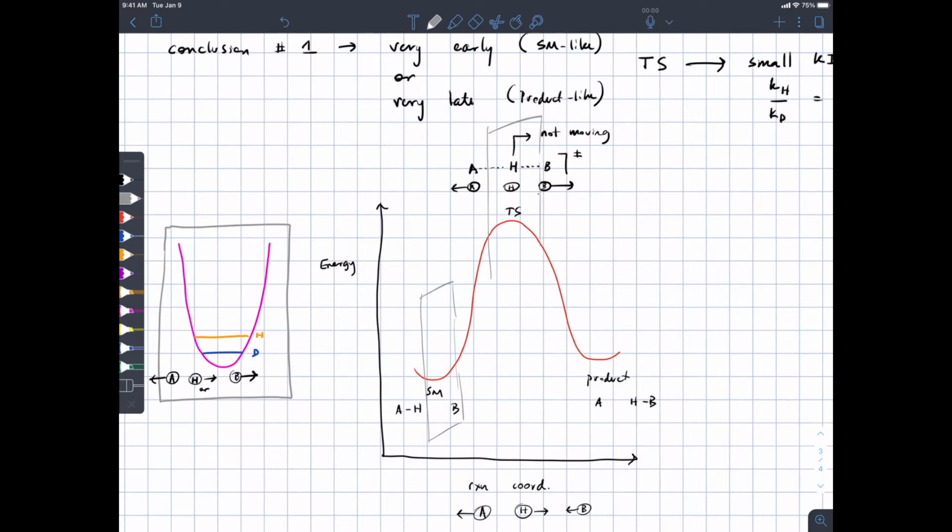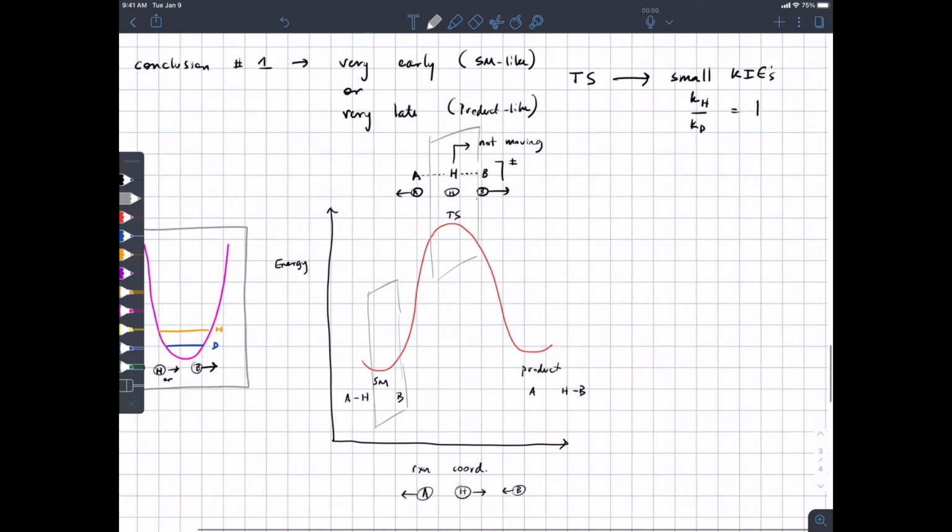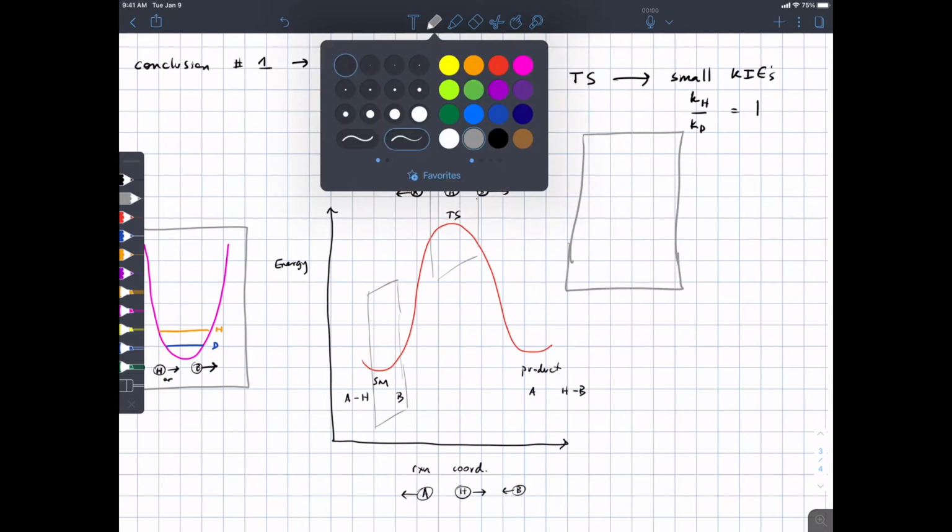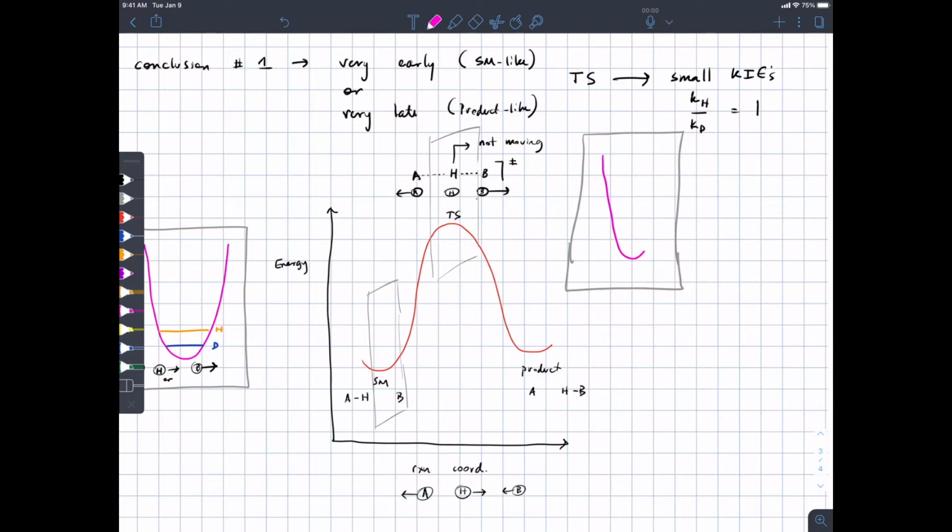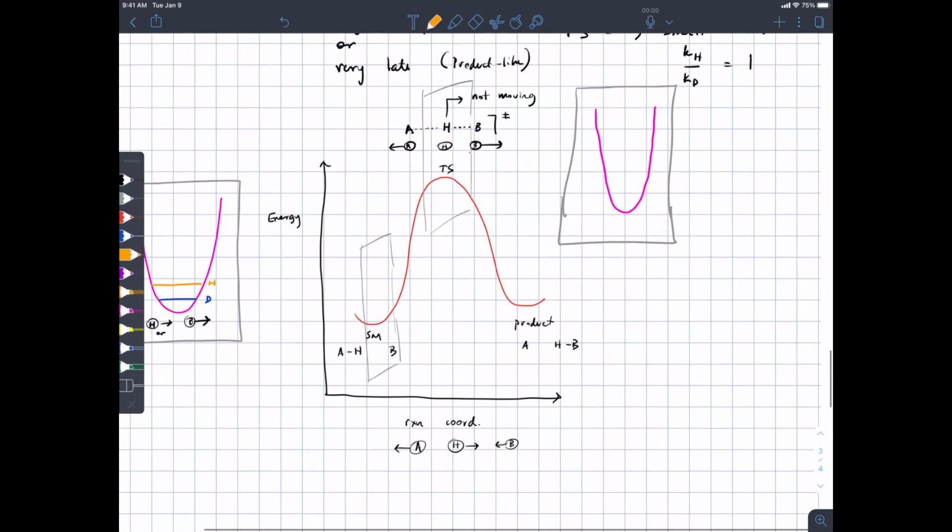That says as we take a slice of that energy diagram perpendicular to the reaction coordinate and we look at that potential energy well, and if we conclude that hydrogen isn't moving, then it actually shouldn't matter too much whether it's hydrogen versus deuterium.